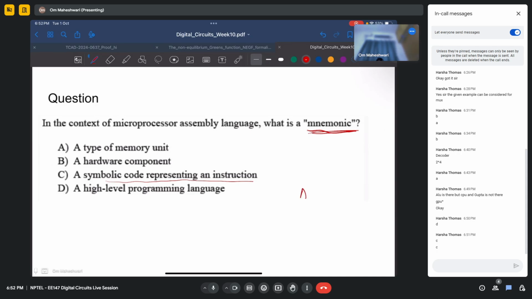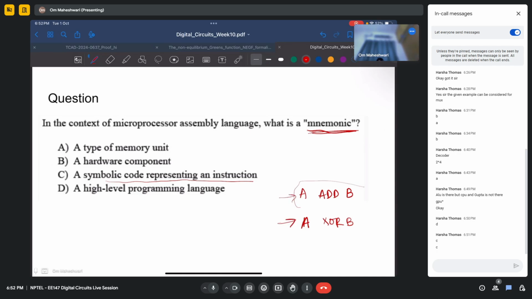As I just said, A add B, or let's say A XOR B. These are all mnemonics.